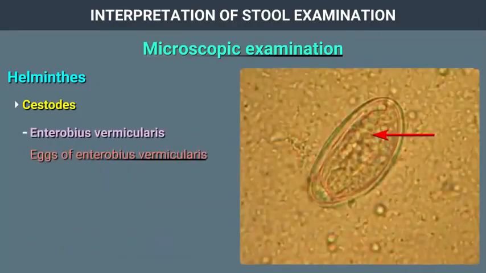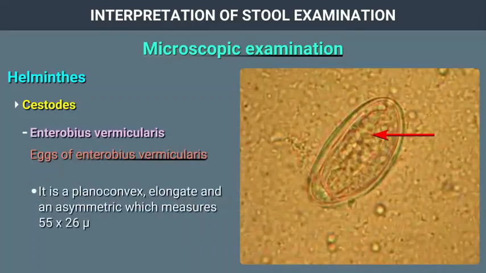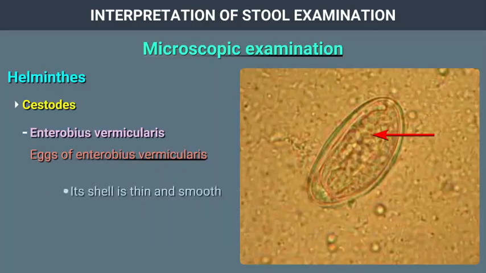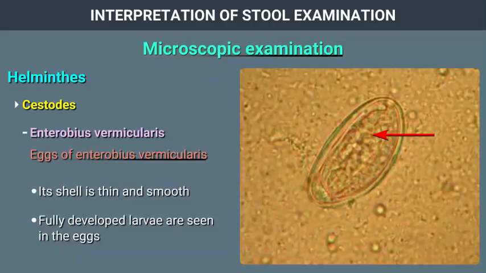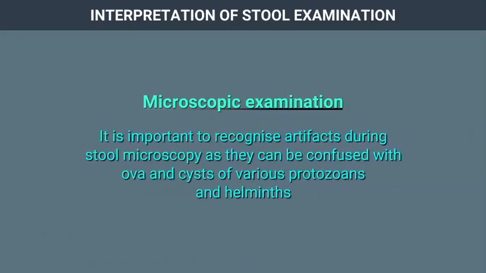Enterobius vermicularis. It is a plano-convex, elongate and asymmetric egg which measures 55 into 26 microns. Its shell is thin and smooth. Fully developed larvae are seen in the eggs. It is important to recognize artifacts during stool microscopy as they can be confused with ova and cyst of various protozoa and helminths.